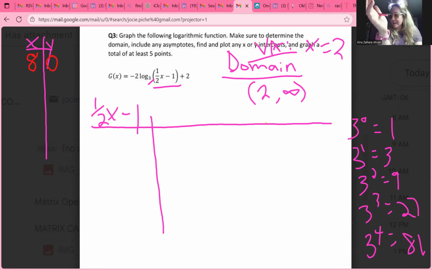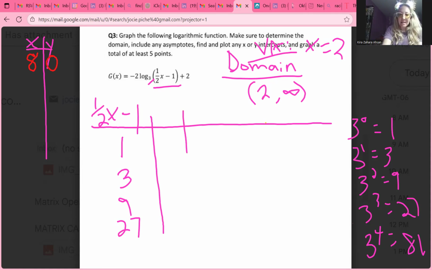So we've already got 3 to the first power. So then we just go, okay, 1, take it to the first, third, 9, 27. Then we'll have to work backwards to find the x, and then the exponents for the powers of the log 3.